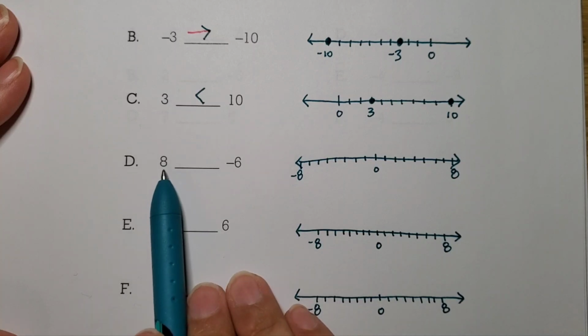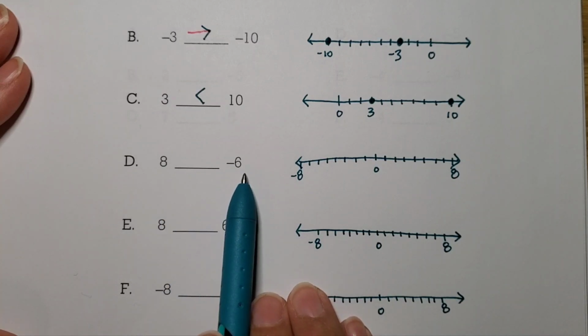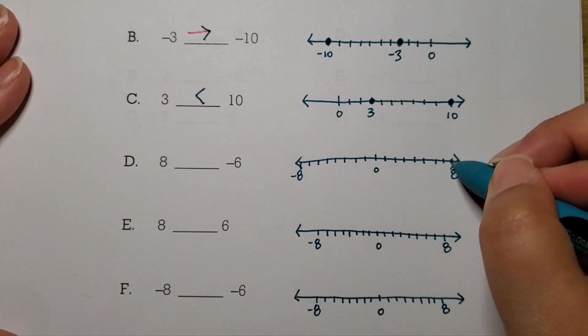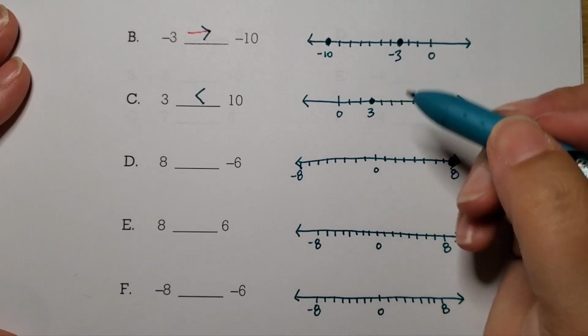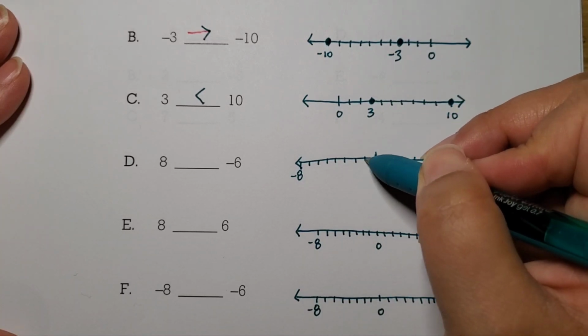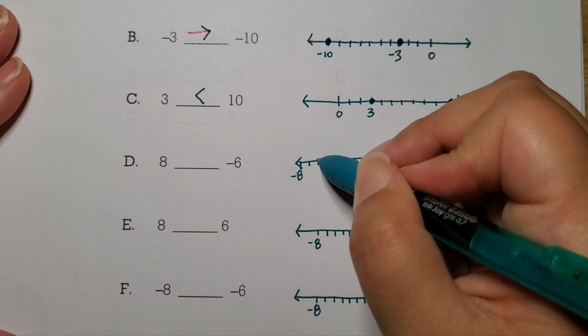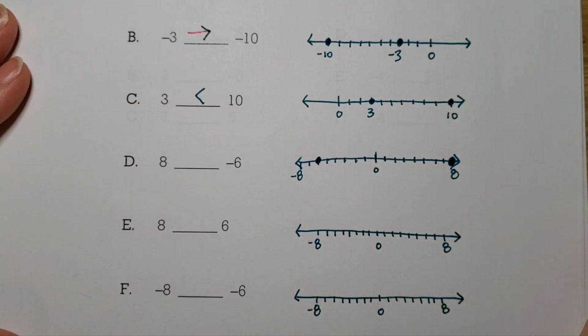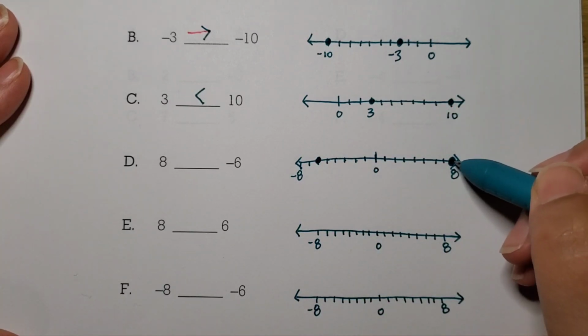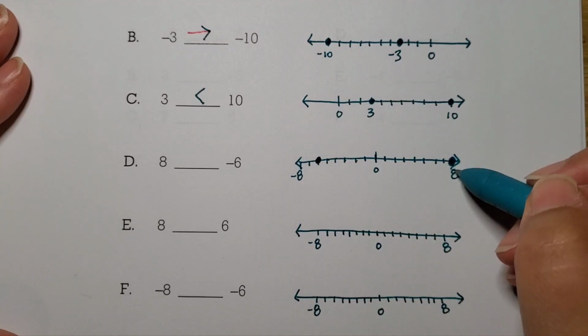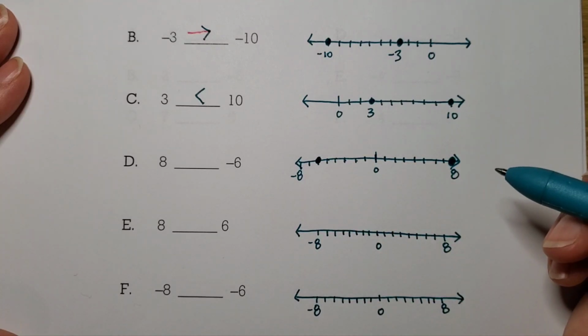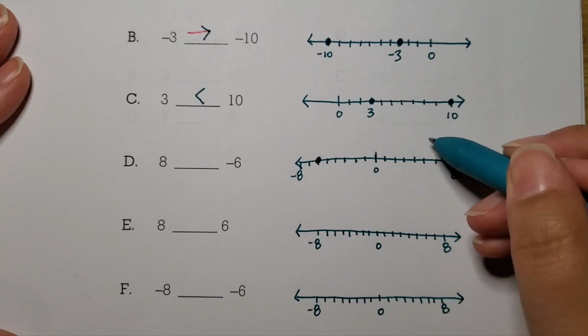So we're going to compare 8 with -6. So 8 is over here, and -6 is going to be at 1, 2, 3, 4, 5, 6 over here. So the 8 is to the right of -6. So it's kind of pointing this way.